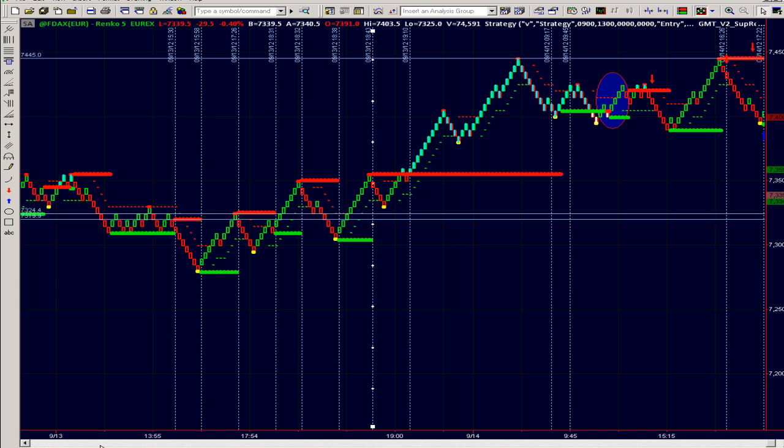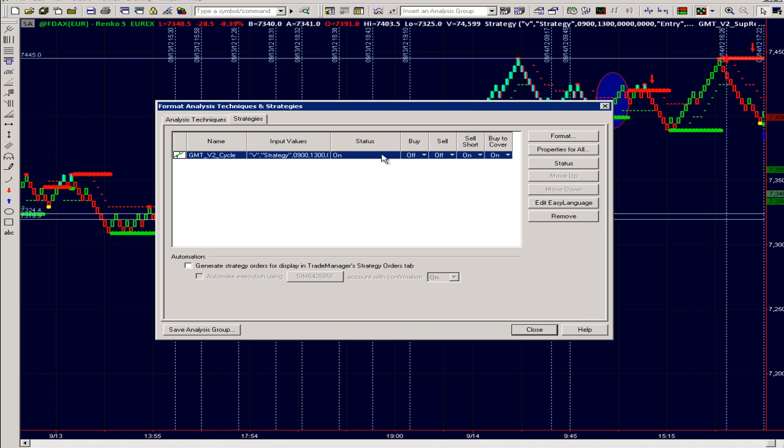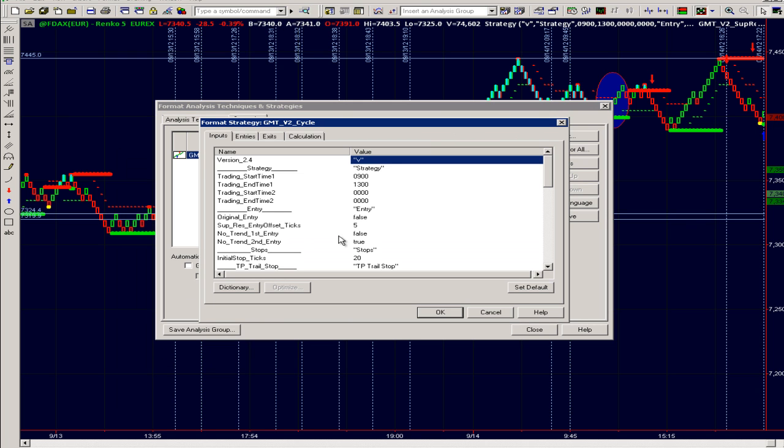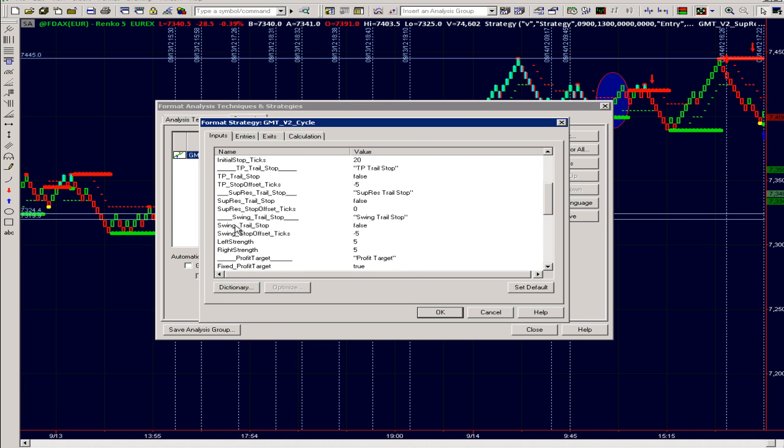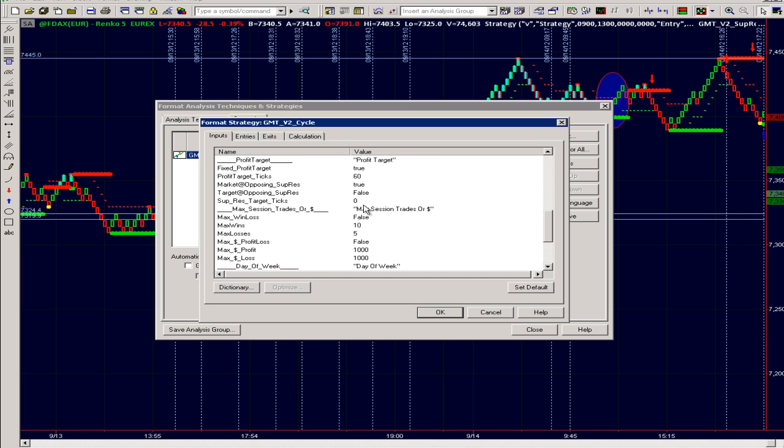We can either take profit. If we go into the strategy, we right click on the strategy, we can take profit automatically, exiting out as we do. So you've got a few options here. You can say, right, I'm going to do a fixed target. If I get into a trade, I'm going to have a fixed target, and that could be a value.